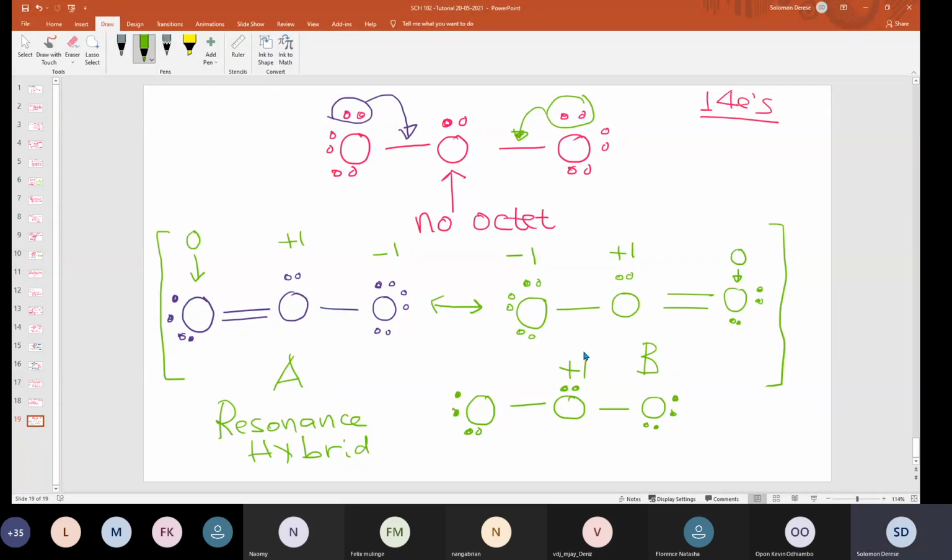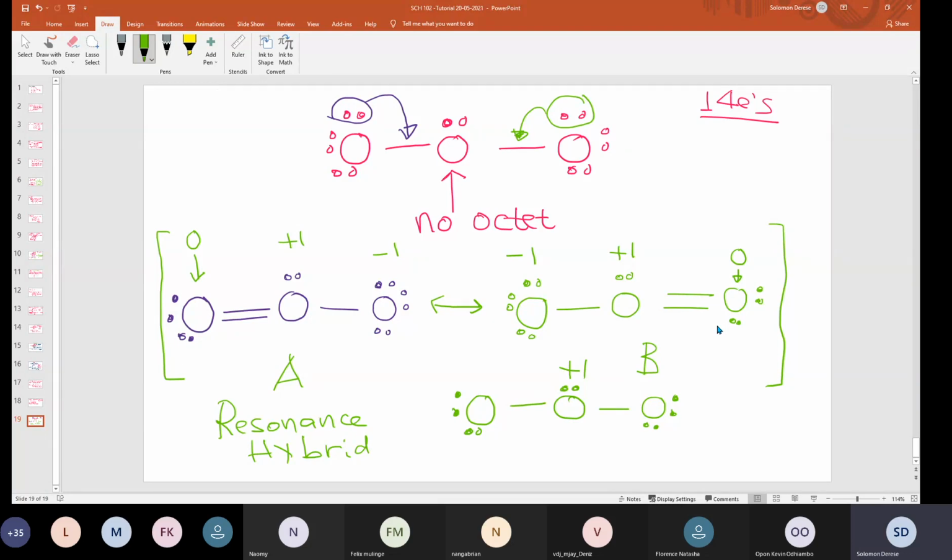So I cannot put it as either a single or a double bond. If I say it is single, one of the resonant forms has a double bond. If I say it is double, one of the resonance forms of the same molecule has a single bond between these two oxygen atoms. The same applies to this other oxygen bond, single and double. So they are intermediate between a double bond and a single bond.